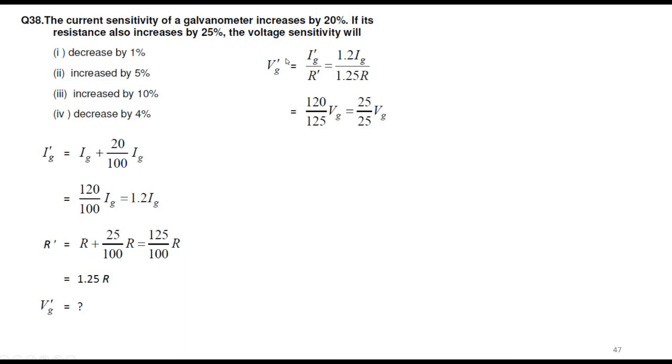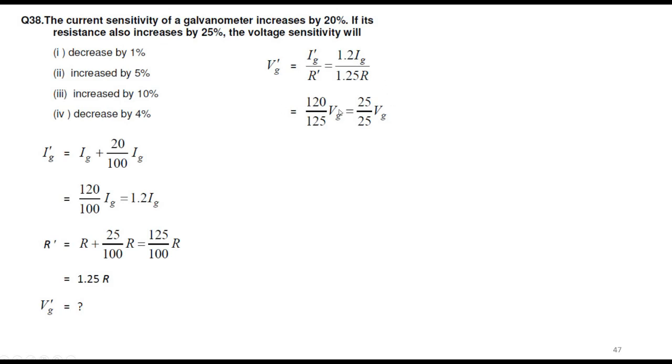This is by formula for voltage sensitivity. So Ig prime, you got it to be 1.2 Ig. R prime, you got it to be 1.25 R. Substitute here. Ig and R will be there. Ig and R here. So that means Ig by R here.